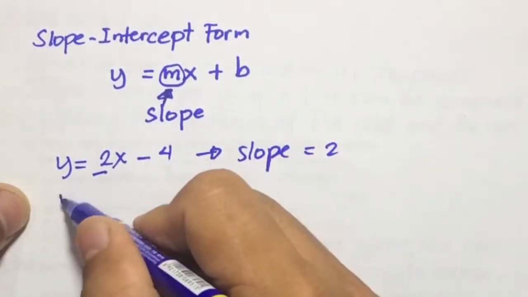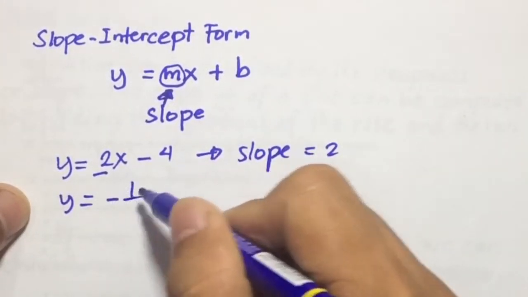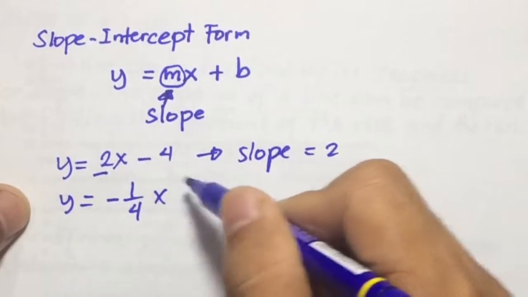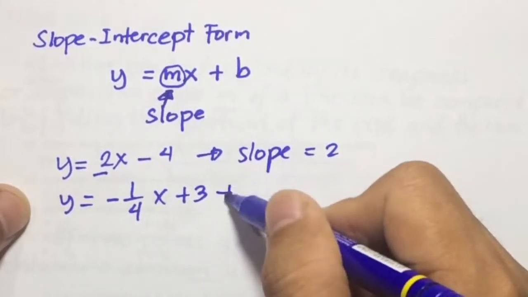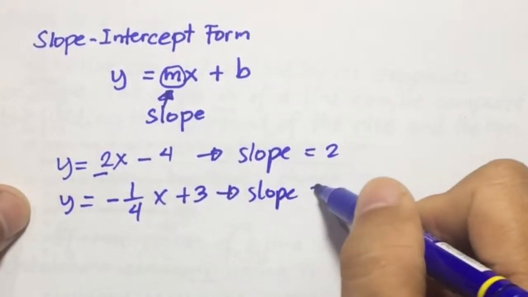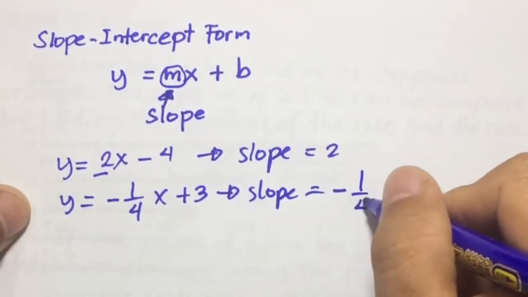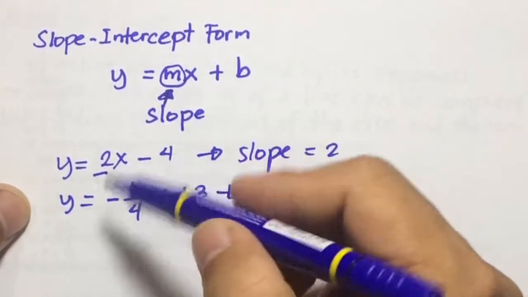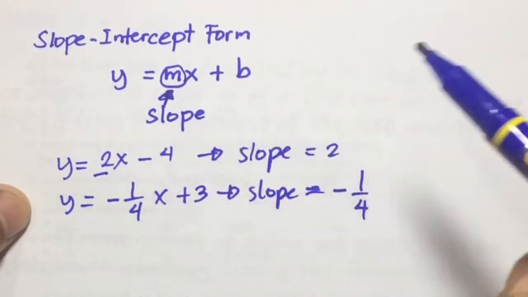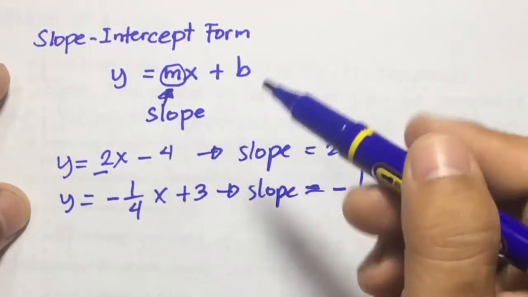Another example, if we have y equals negative 1/4 x plus 3, the slope here is equal to negative 1/4.